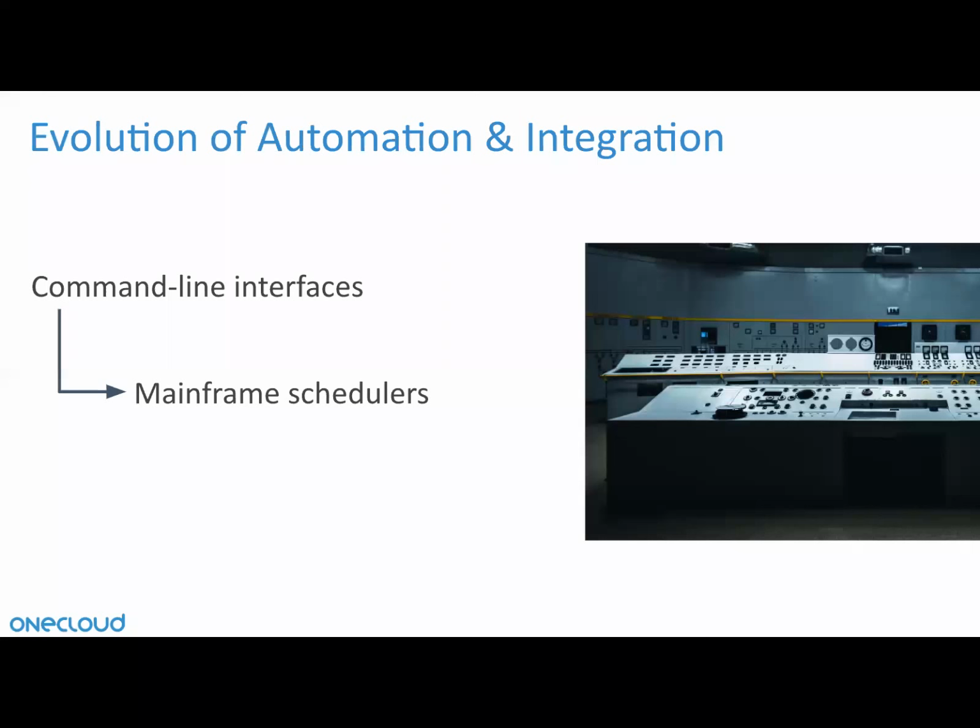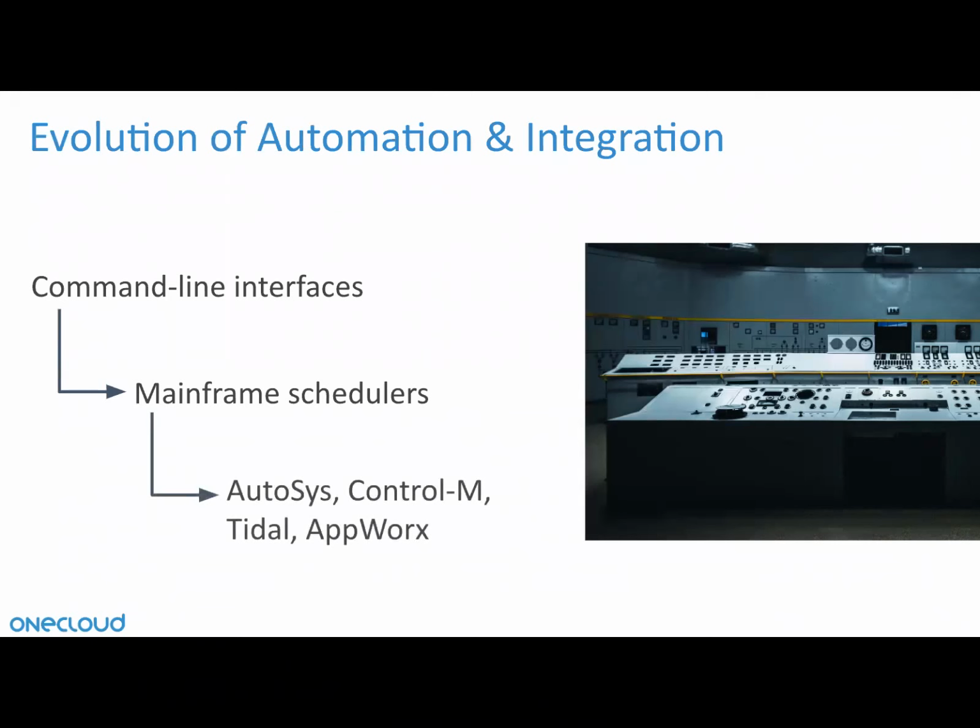But these mainframe schedulers then morphed into various types of application workload schedulers, from products like AutoSys, BMC Control-M, Cisco Tidal, which was acquired by Cisco, or AppWorks, which is now called Automate.